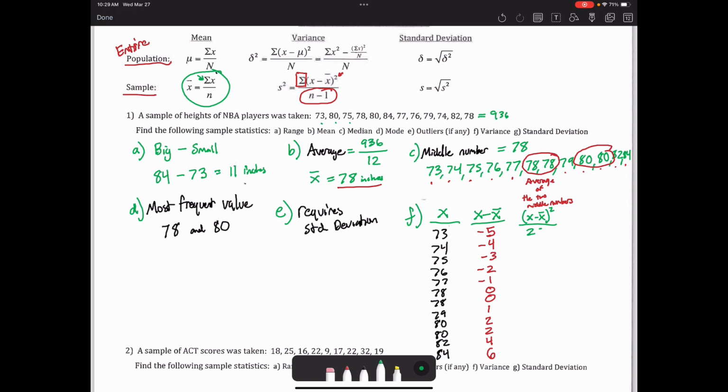Why square them? The reason why we square them is because I don't want to be working with negative values. Now you might think, well, why don't we just take the absolute value? Why can't we just turn them positive?